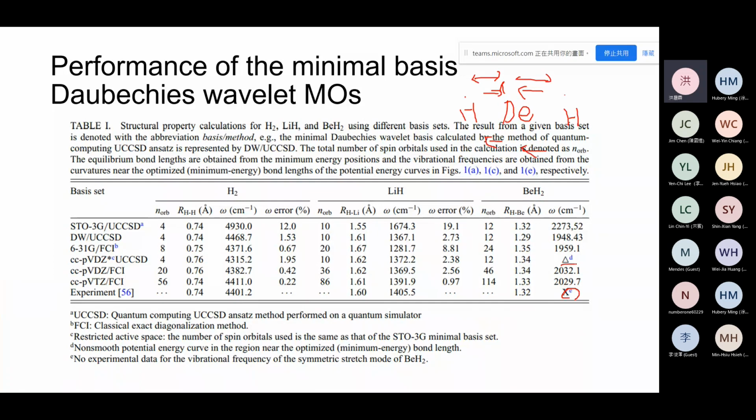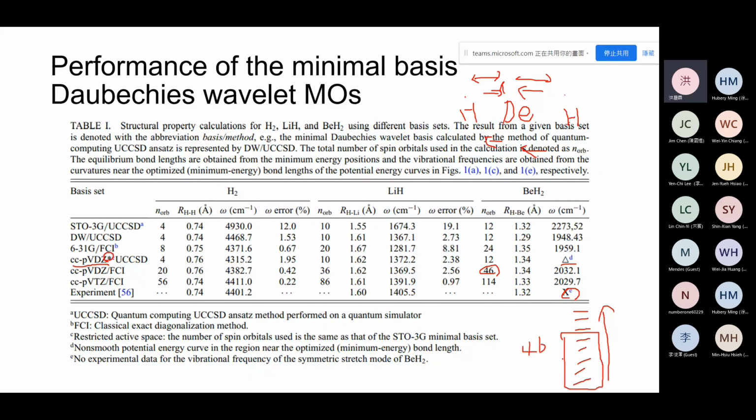And for this D part, this is the cc-pVDZ star, where the star means we limit it to the active space. Since we truncate the orbitals, the original might be something like 46, but we only focus on the first 12.